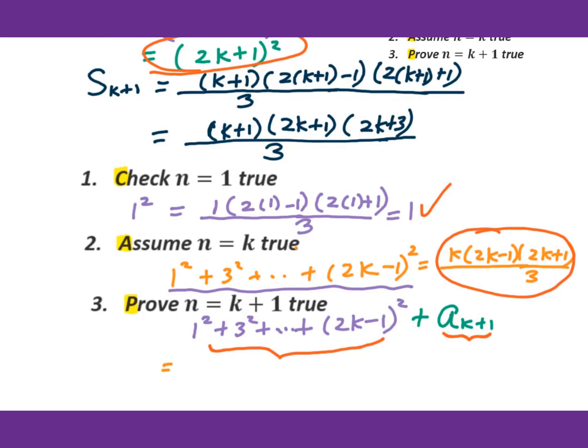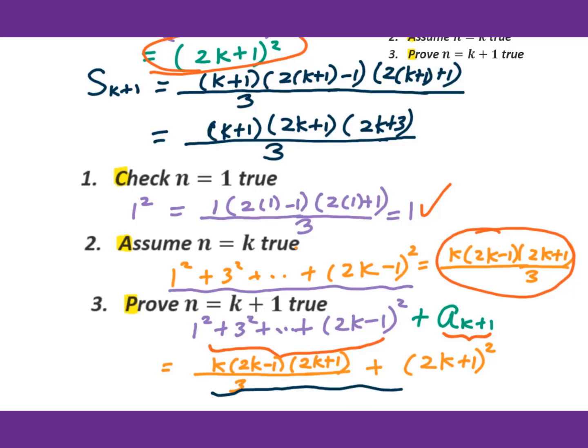So we get k times 2k minus 1 times 2k plus 1 over 3 plus 2k plus 1 square. Then you need to organize these expressions. Make answer equals s sub k plus 1, which means this one.